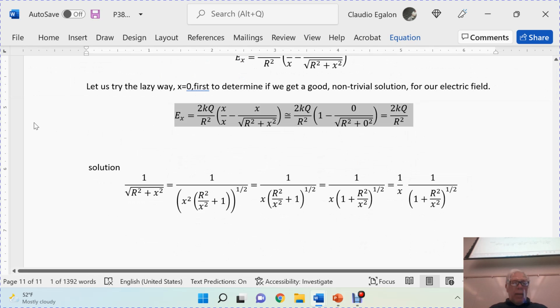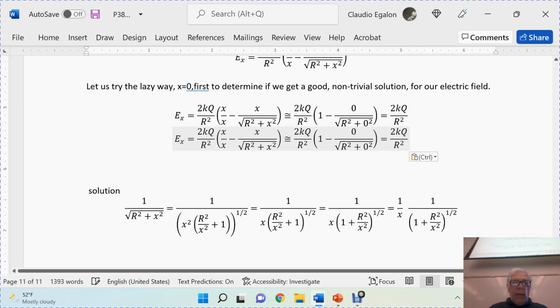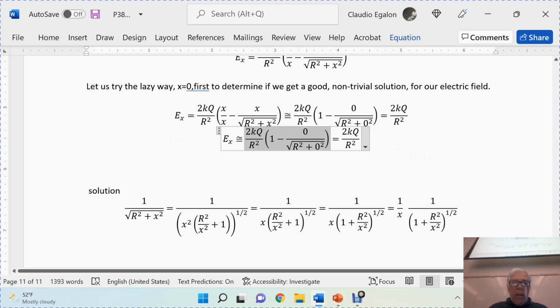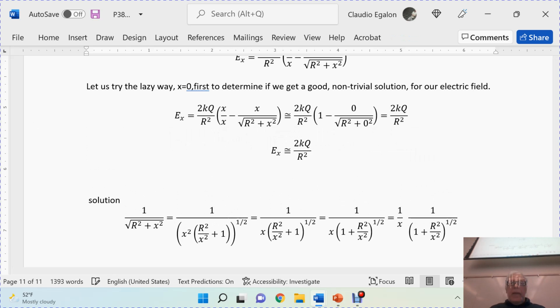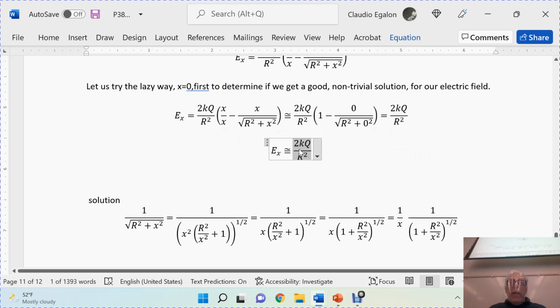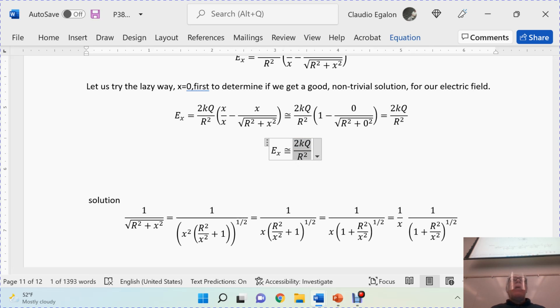I want you to look at what's happening. 2 is a constant, K is a constant, Q is a constant, and R is also a constant. You have an electric field that is not a function of x. You have what we call a uniform electric field, very close to the disk.